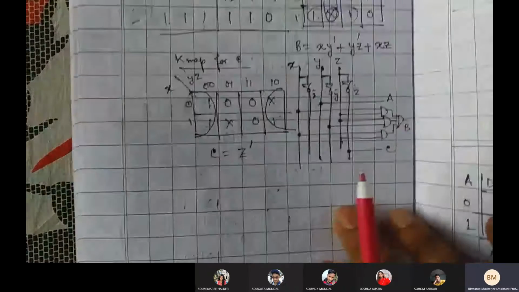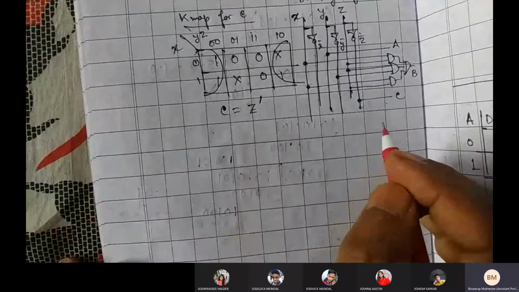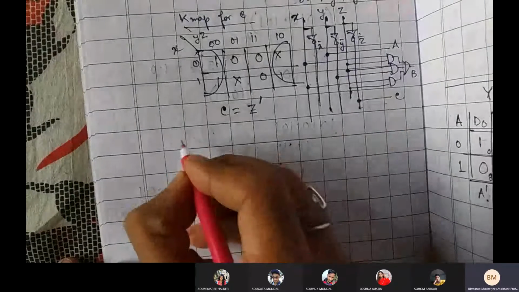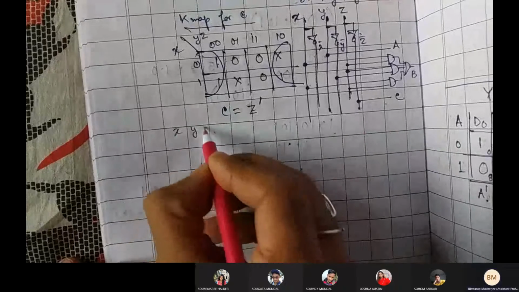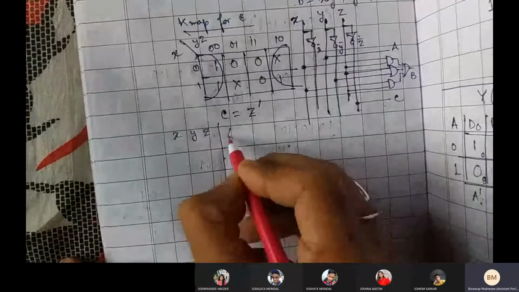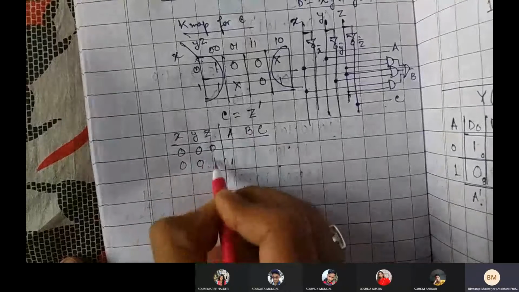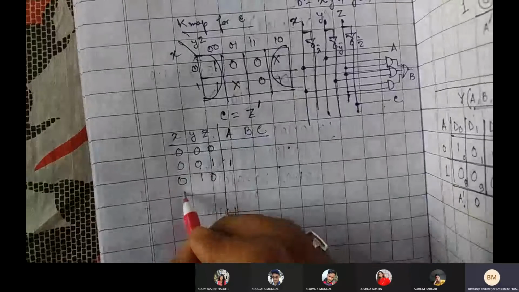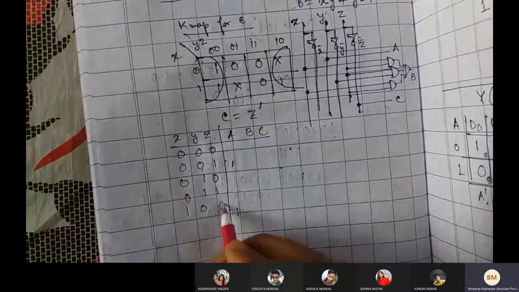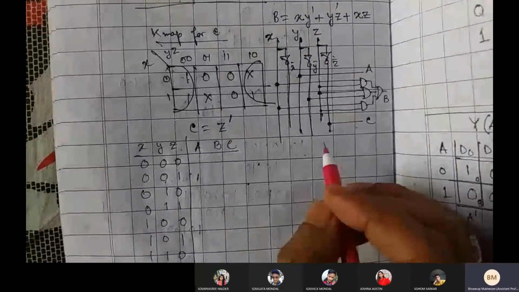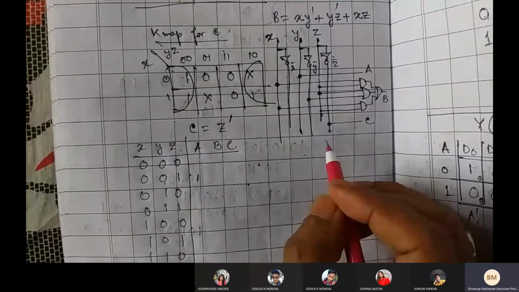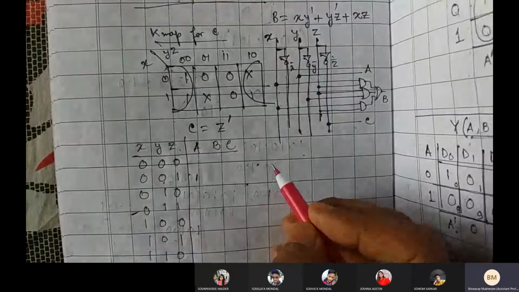Maybe I am providing the inputs X, Y, Z. Outputs are A, B, C. Suppose like this: 0 0 0, 0 0 1, 0 1 0, 0 1 1, 1 0 0, 1 0 1, 1 1 0 and 1 1 1. Something like this are the inputs. So suppose up to 3, up to this the output is 1 greater than the input.